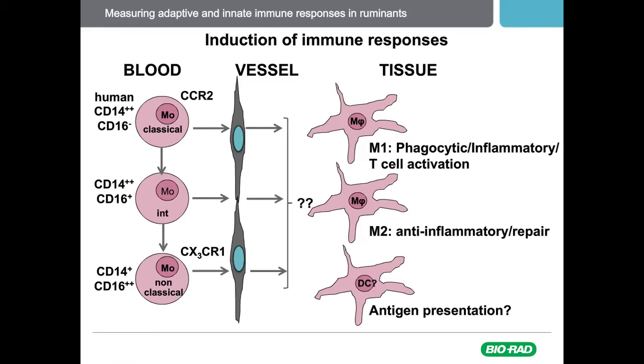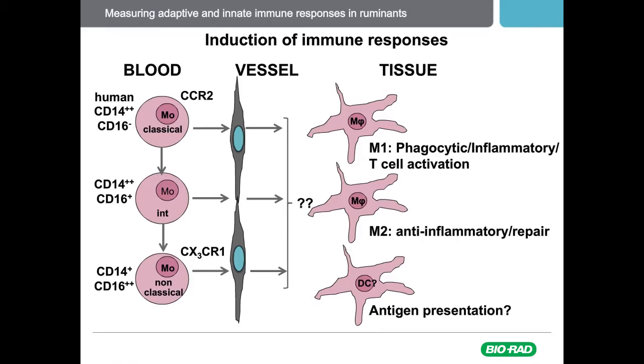And then we have the non-classical monocytes, which are low expressors of CD14, high expressors of CD16, and these express the chemokine receptor CX3CR1.